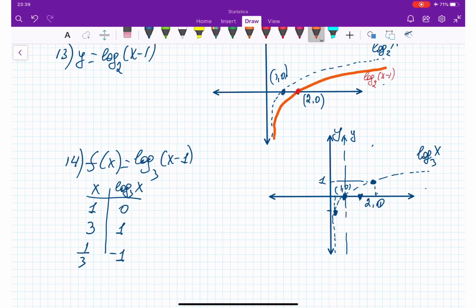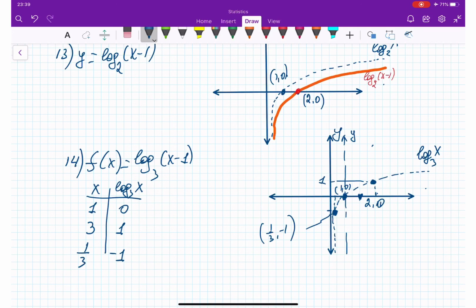And the graph is going to go, so let me calculate all these 3 points. My x is changing by +1, which means this point, 1/3 and -1, is going to become 1/3 plus 1.